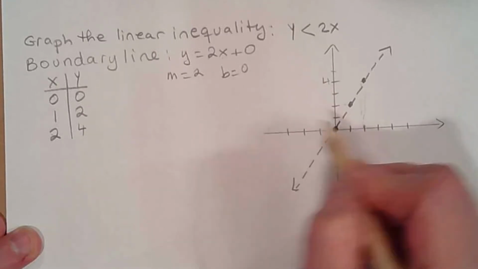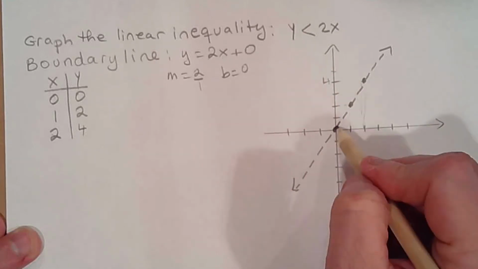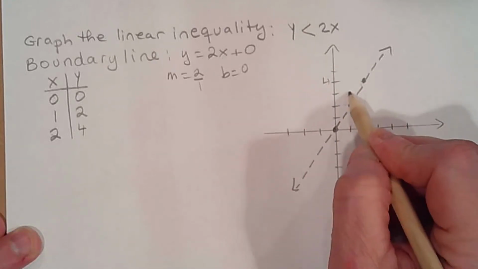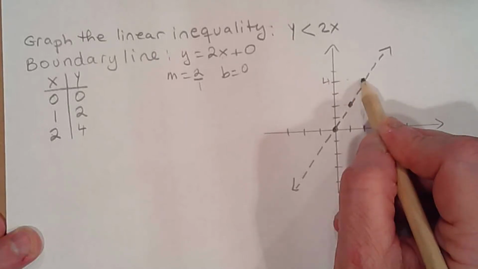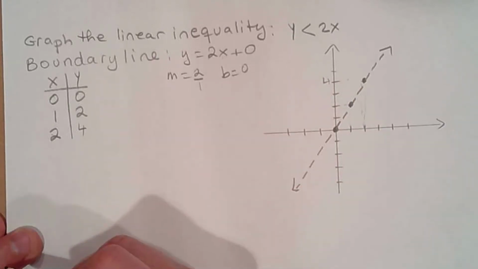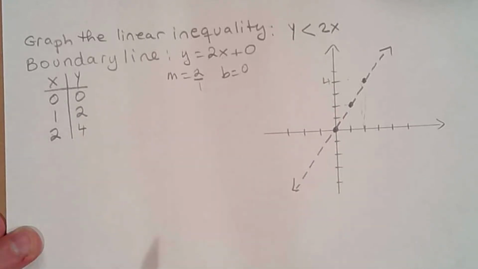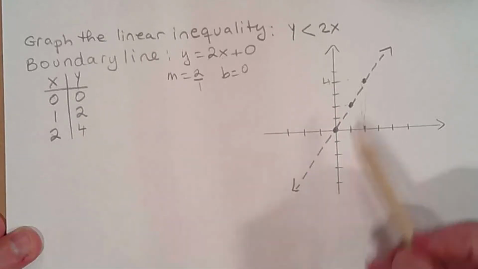And the slope is 2 over 1, so you go up 2 and over 1, up 2 and over 1. You could have graphed the line like that too, or you could have plotted points. Either one would work. Anyway, here is my boundary line.